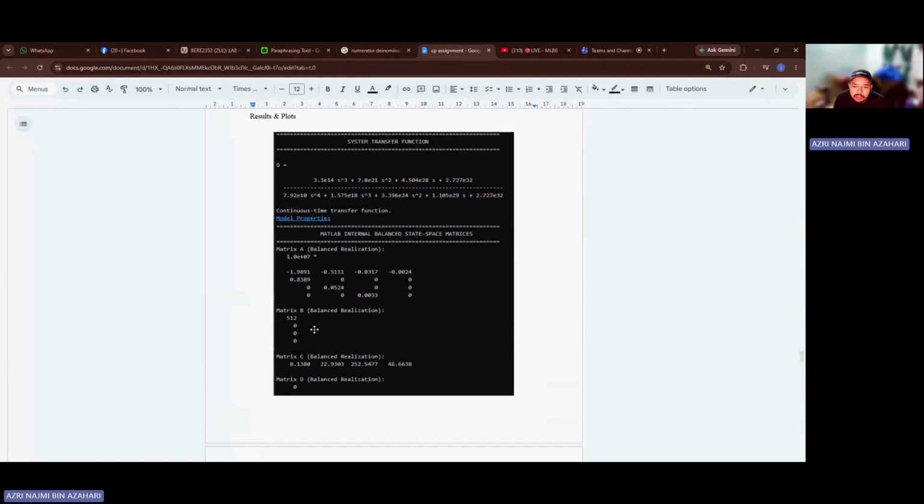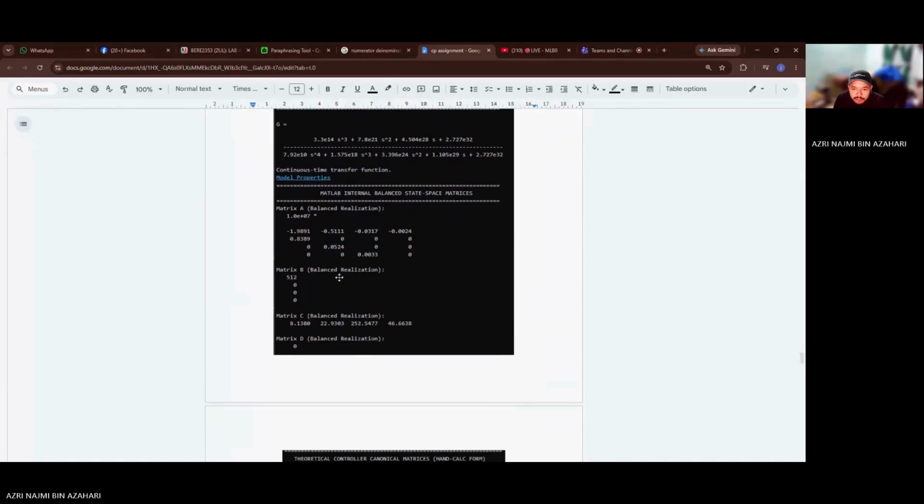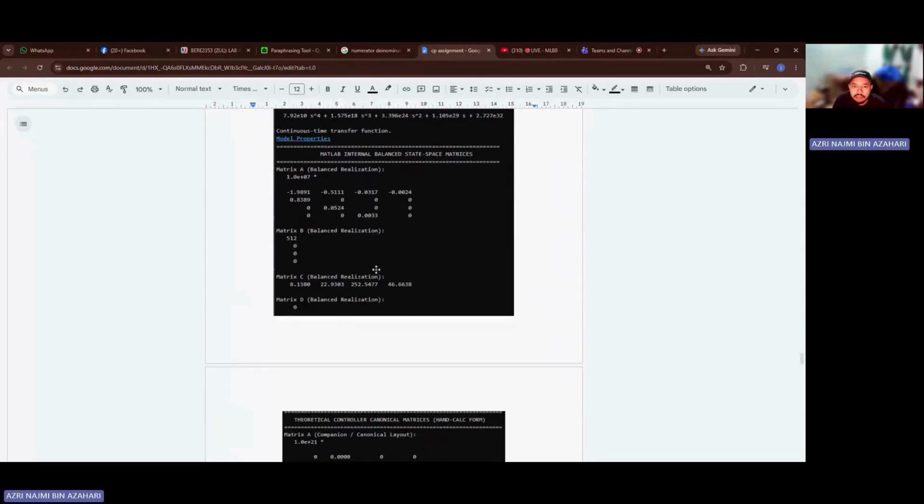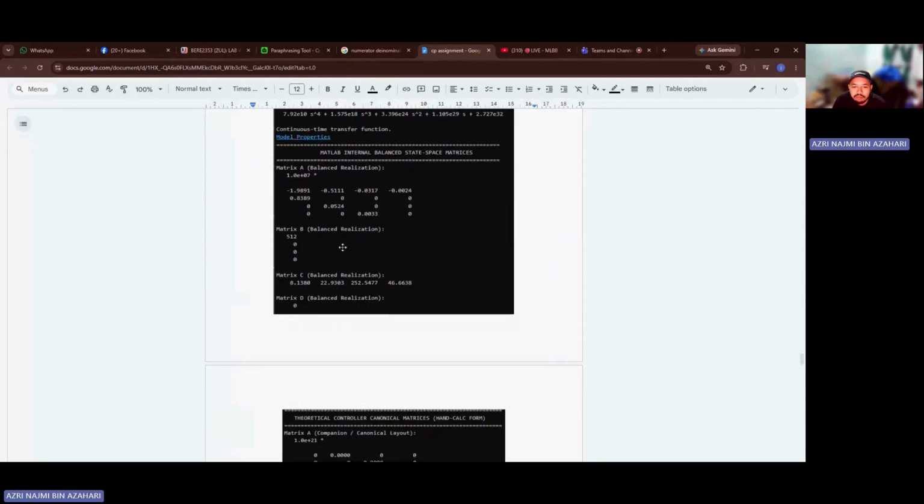Right below that, you can see the result of our internal balanced state space conversion. Matrix A is a 4 times 4 matrix scaled by a factor of 1.0 times 10 to the power of 7. Matrix B is a column vector starting with a value of 512.